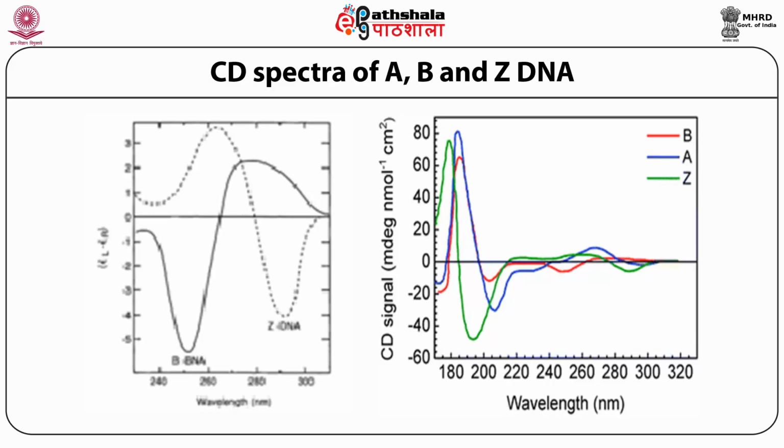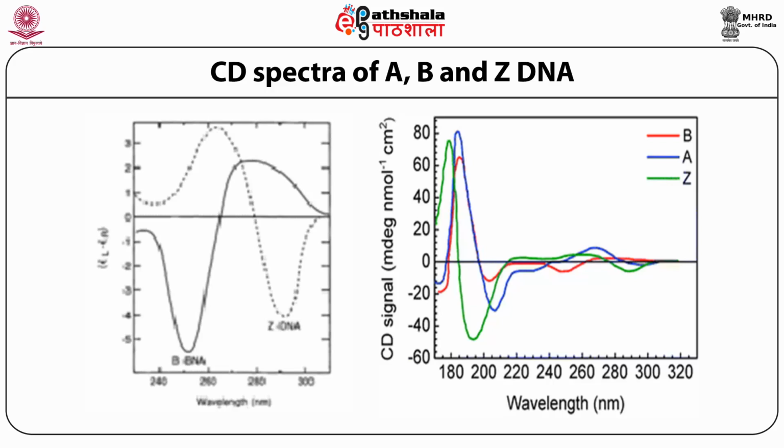B DNA, which is shown in a continuous line, and Z DNA in a dotted line. And the spectra was just inverted. Based on that, he proposed that DNA may be having a different handedness than B form of DNA. And later on, it was proved that that is Z DNA.